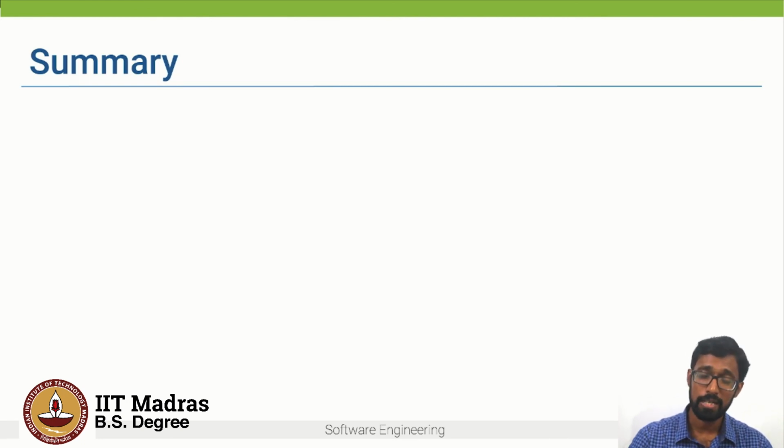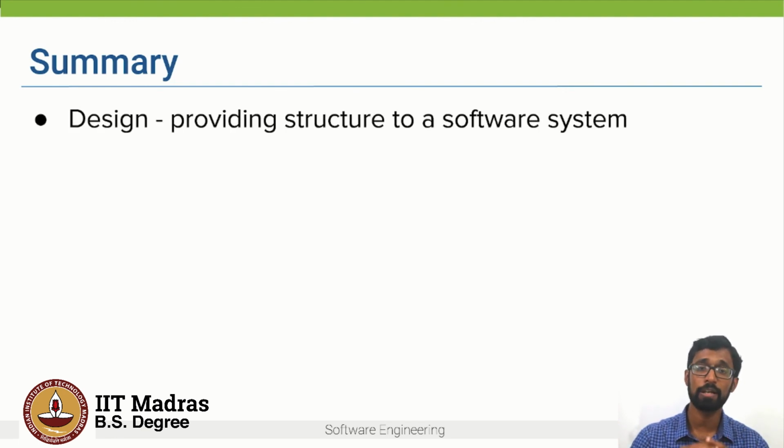So to summarize, in the previous videos we looked at what we mean by design. Design, or software design, is a way of organizing the code you will implement and providing a structure to the software system.